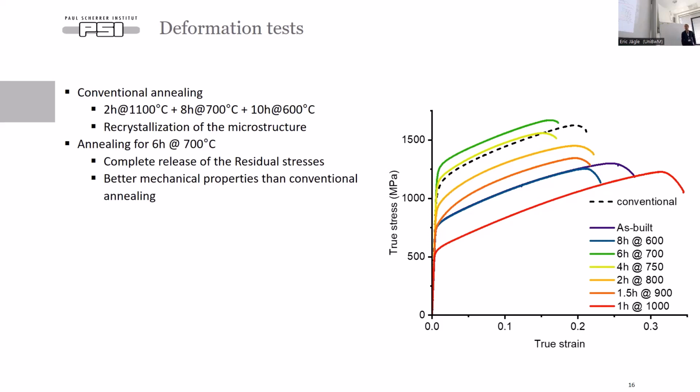And we were able to achieve a higher yield stress by annealing the samples just at 700 degrees for 6 hours. This is because we preserve the microstructure, the unique SLM low-angle boundaries, and cell structure.